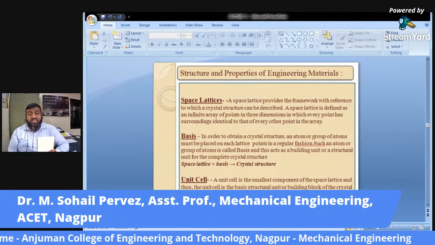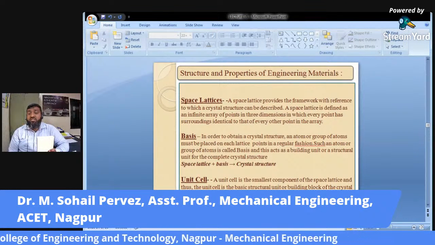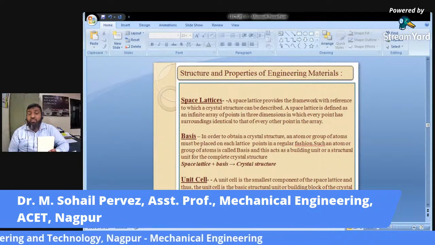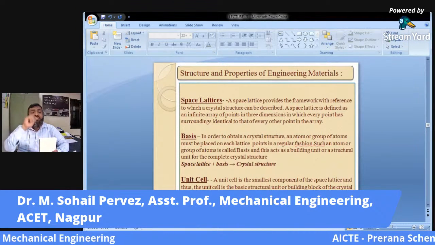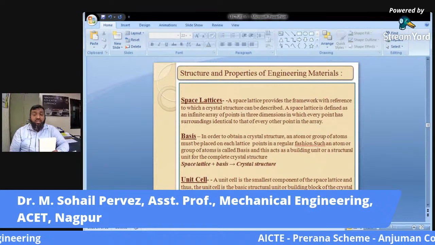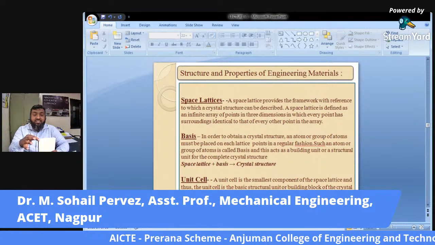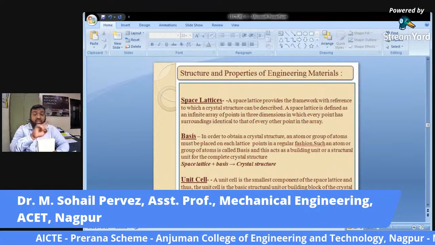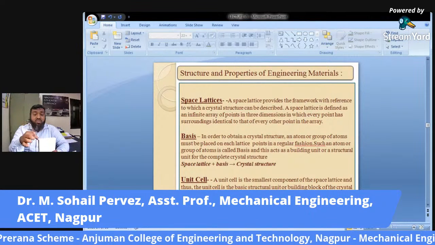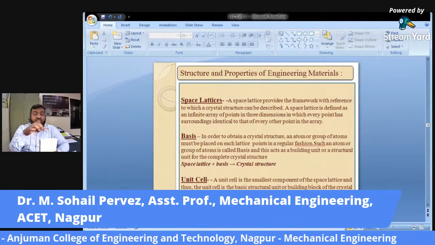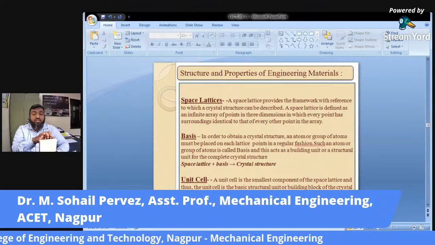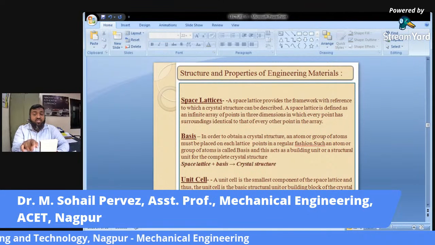Now what do you mean by basis? In order to obtain crystal structure, an atom or group of atoms must be placed on each lattice point. Mind well. These are space lattice points wherein an atom must be placed over each lattice point in a regular fashion.